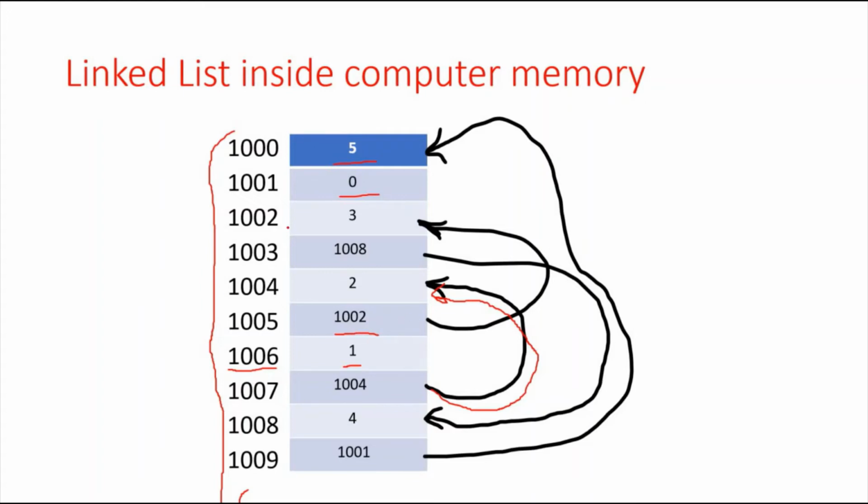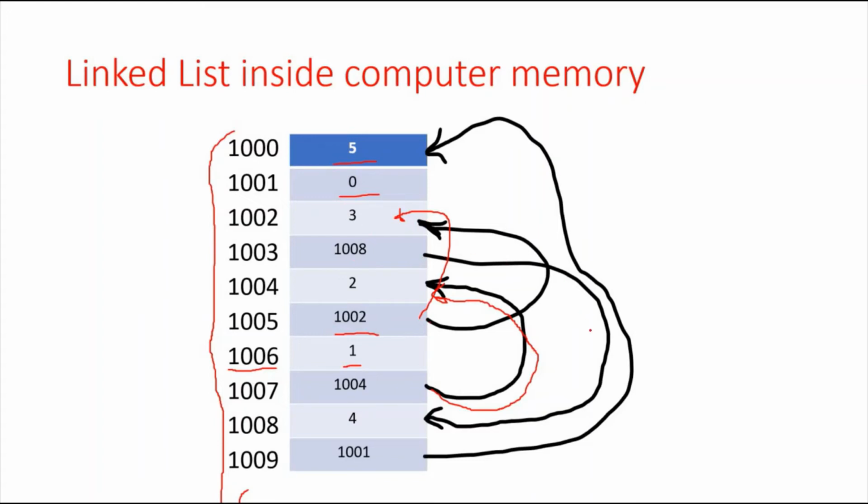We have to go to 1002, and 1002 is here. It also has the address of another node, that is 1008. We will go to 1008 from 3.